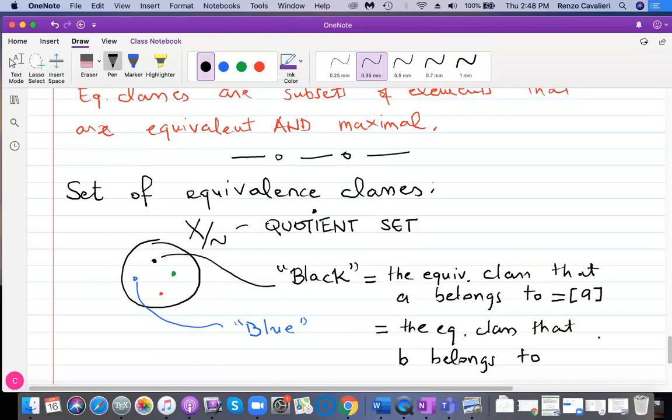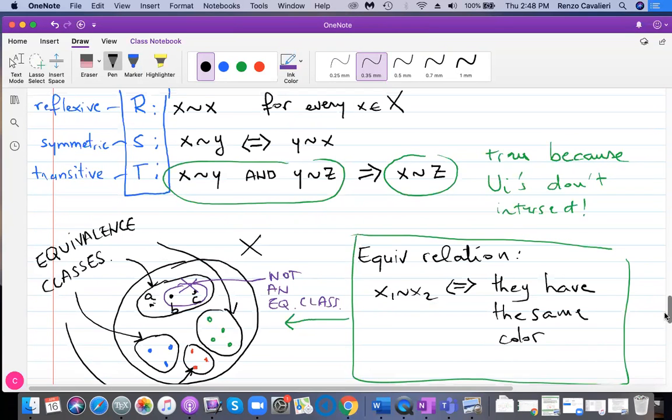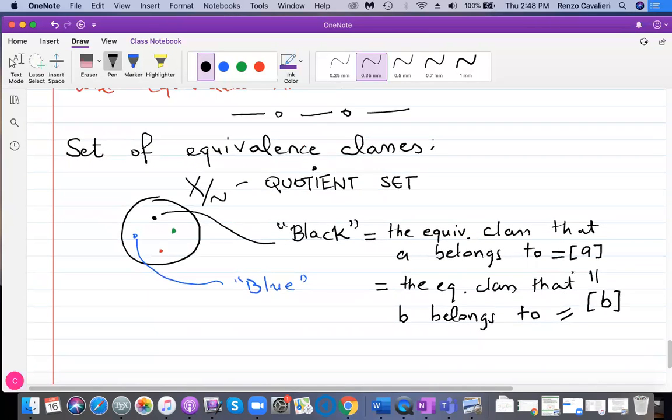Because B also was black, and so we have that square bracket A is equal to square bracket B, even though A is different from B. A and B are two different elements of X, but they belong to the same equivalence class, so square bracket A is equal to square bracket B. So the confusing thing is that one equivalence class can have many different names.